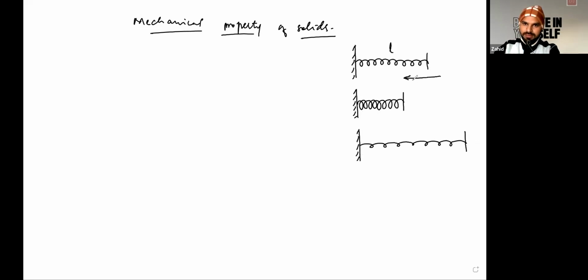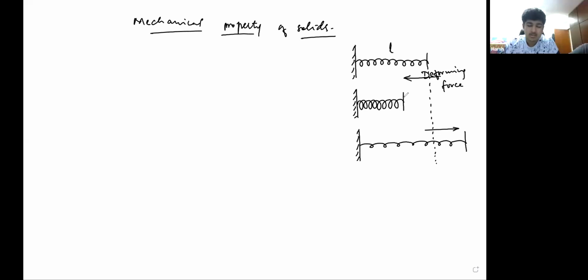On compressing or stretching it along this direction, you must have applied some deforming force to change the shape of the spring from its original state. This force is called the deforming force, which is responsible for deforming the shape of this spring. Is it clear? Yes, sir.